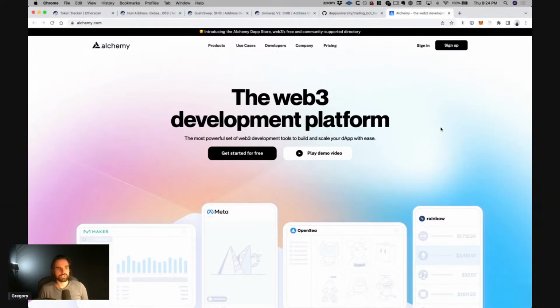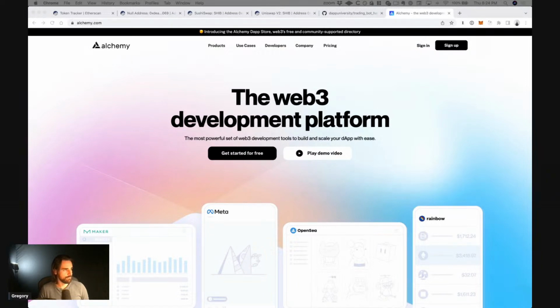Sometimes Alchemy does not support a particular blockchain. There's lots of different node providers that support different blockchains. You could look up Infura. You could look up QuickNode.